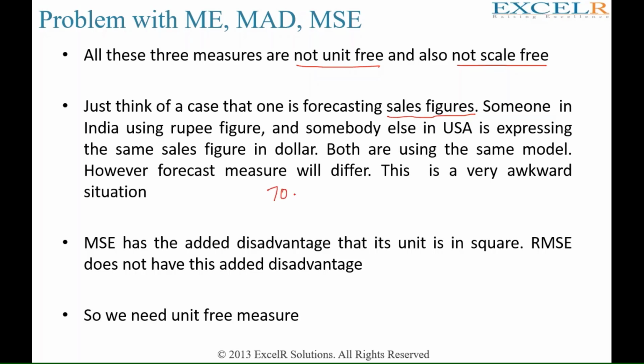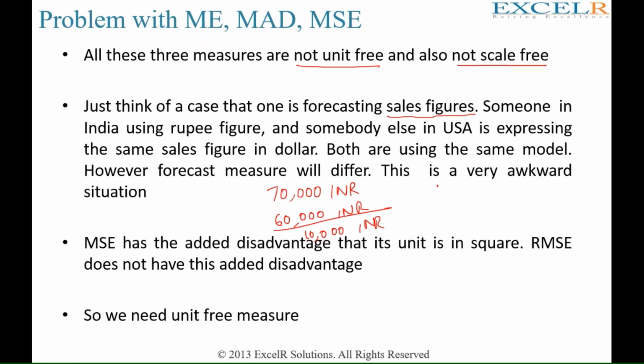say 70,000 is a forecasted value, but say the actual value happened to be 60,000 rupees. Now if you subtract these two, you'll get 10,000 rupees. That's the error. 10,000 is the error.